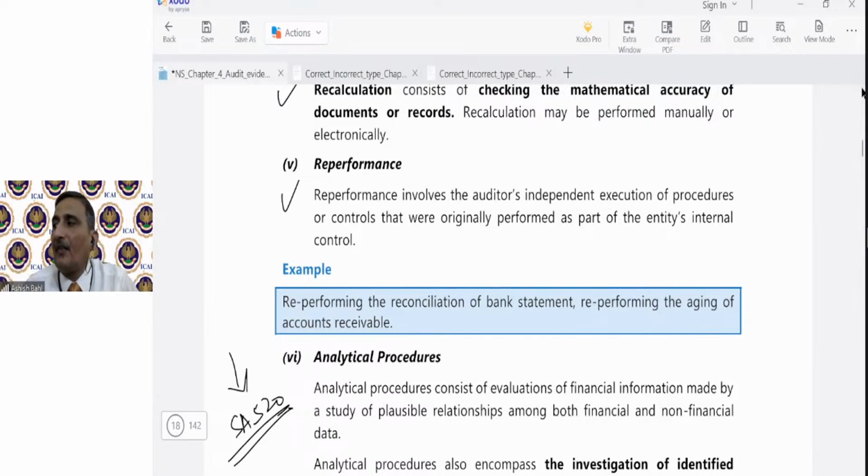So that is the difference between examination of an asset and observation. Yes, Rahul Patel, is it clear to you? Hope it should be clear to you.